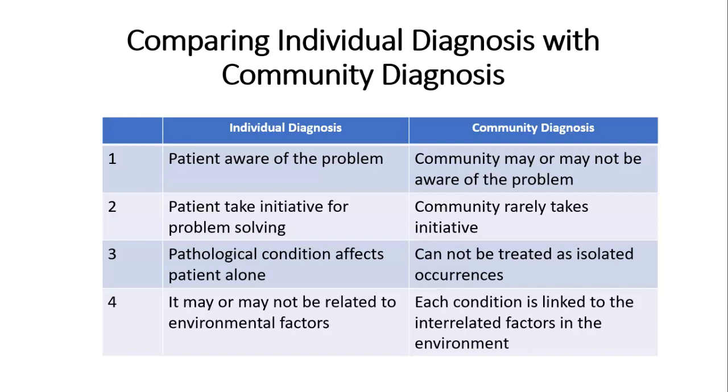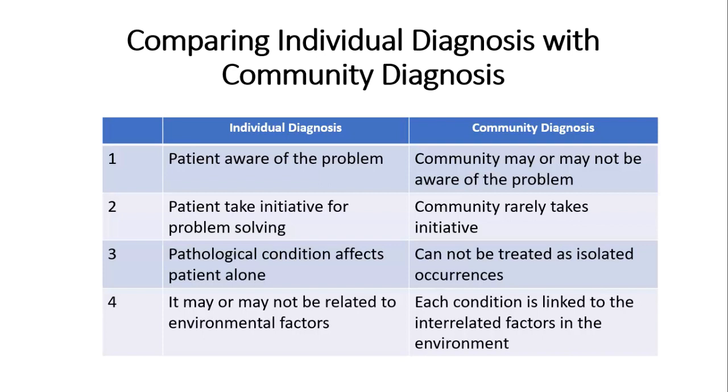We have to do community diagnosis, identify what the root cause is, who is at risk, among whom there is more mortality and morbidity, and how we are going to take preventive measures to take care of that community problem.